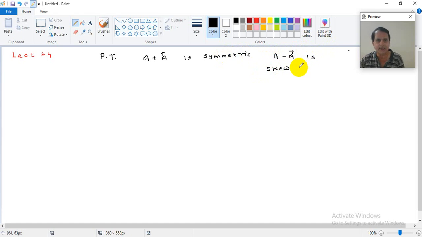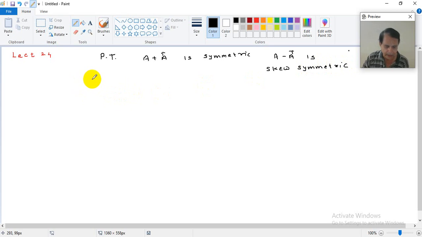Both these ideas we know. What is meant by symmetric? A square matrix A is symmetric if it is same as A transpose.